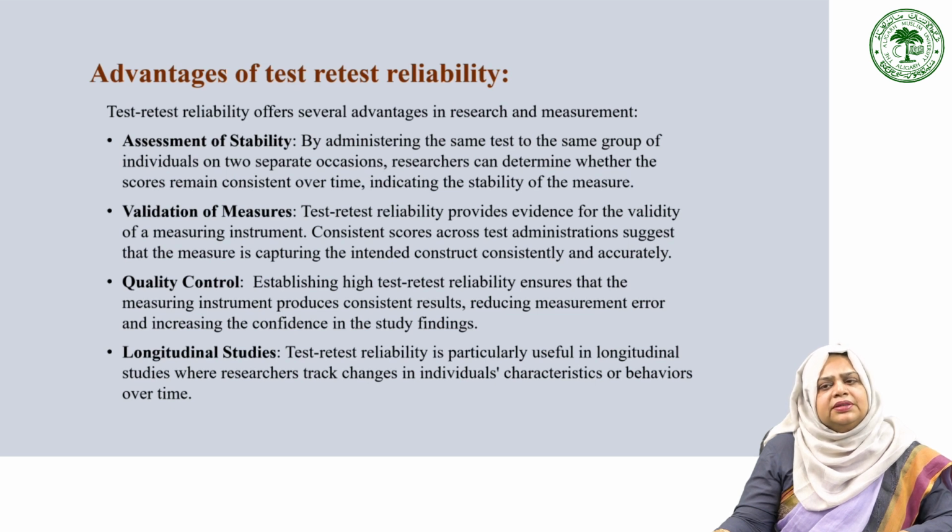One particular method that helps in this process is test retest reliability, which is particularly valuable in studies that examine changes in individuals' characteristics or behavior over time. By assessing the reliability of their measurements, researchers can determine whether the observed changes are genuine or merely a result of measurement errors. This helps to establish the validity and accuracy of the study's outcomes in longitudinal studies.